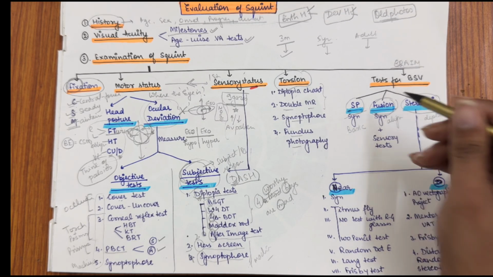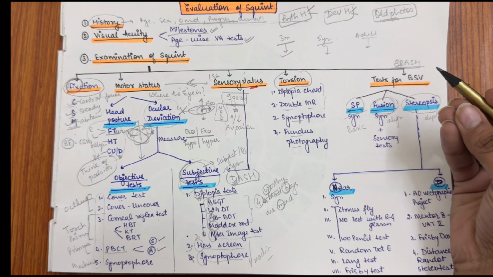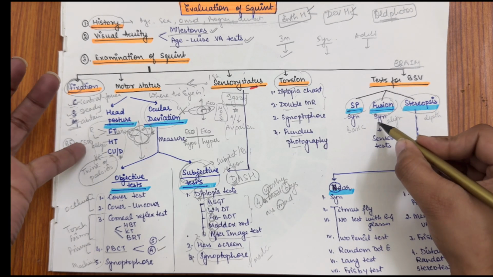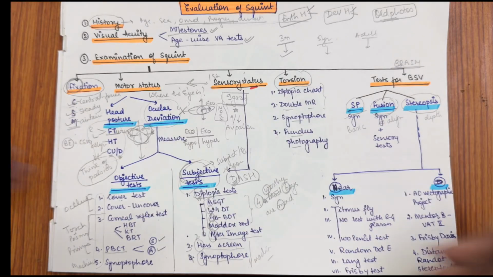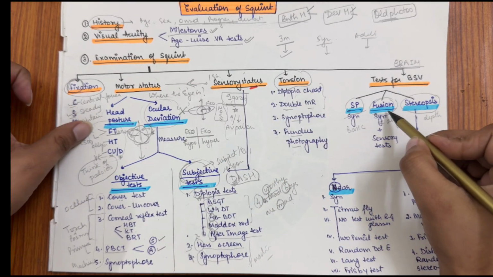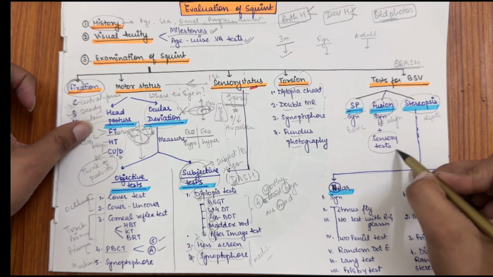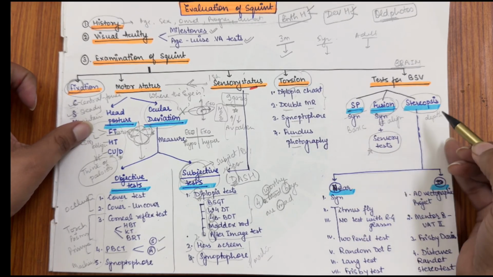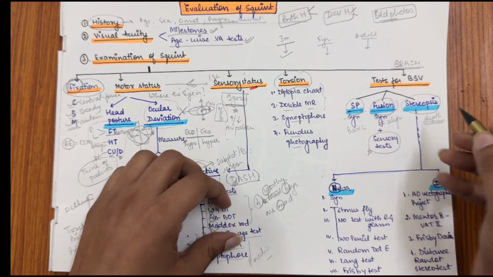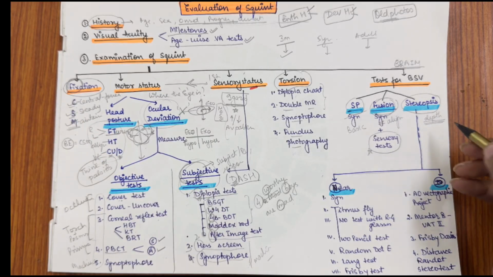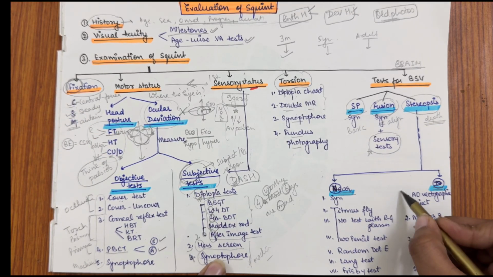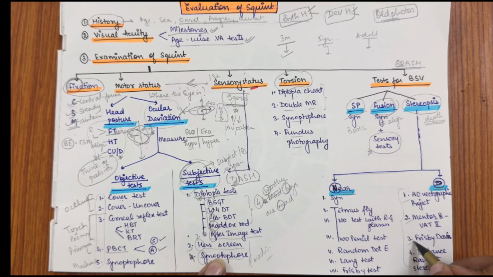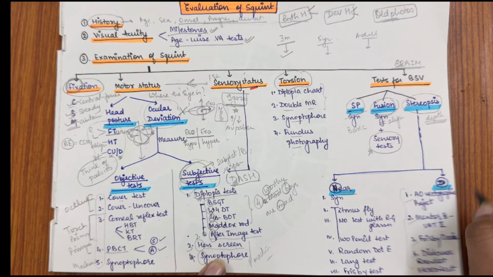For fusion, how will you check? You go for the synoptophore. With the synoptophore you can do everything, so just mention synoptophore wherever possible. For fusion you go for sensory tests, and for stereopsis, the depth perception test, you have separate tests for near and distance. For distance you just need to know the names, nobody is going to ask you.